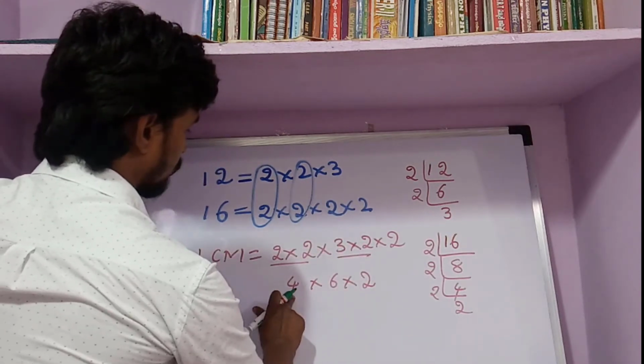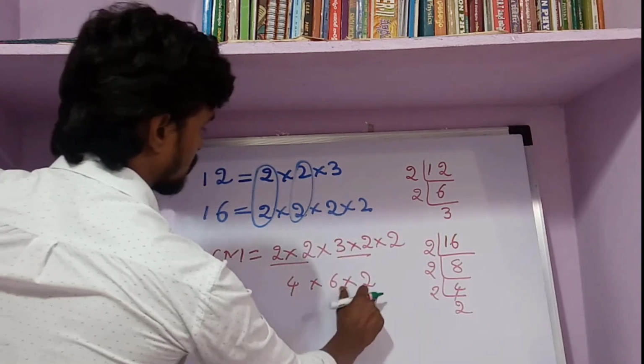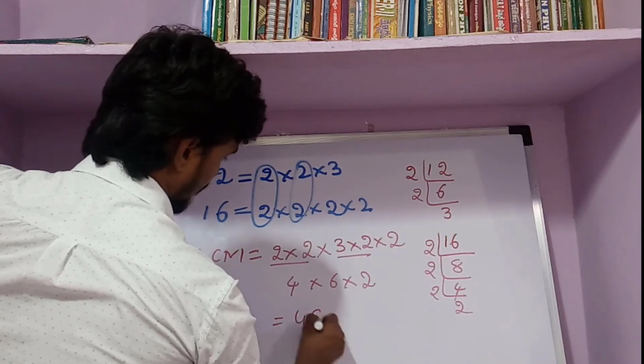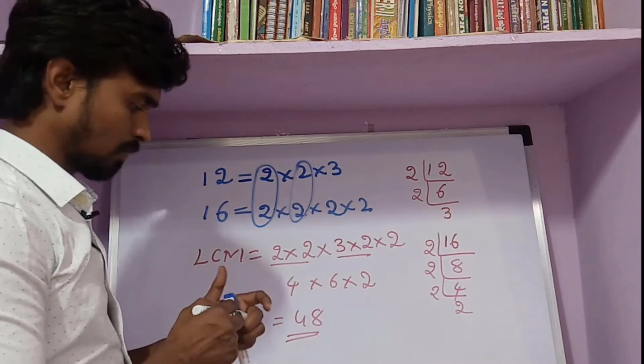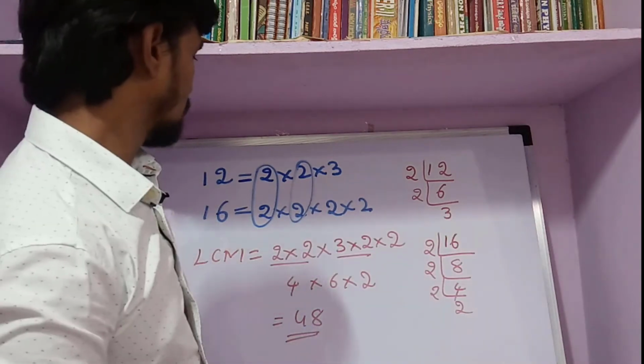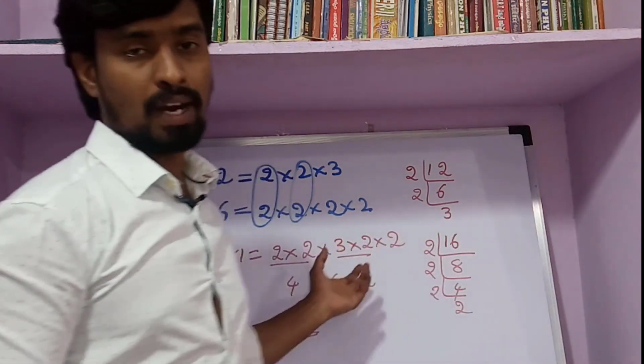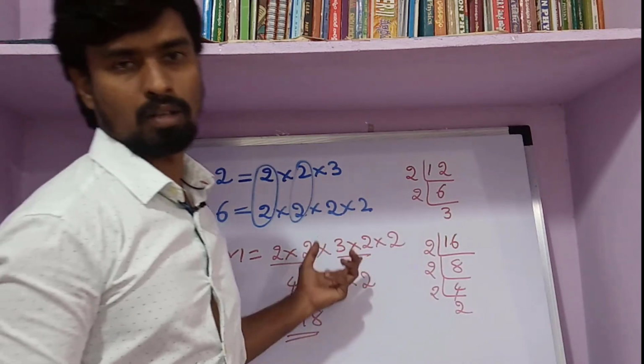So 4 sixes are 24, and into 2 is 48. So 48 is the LCM of these two numbers. So this is one of the methods to find the LCM of any numbers.